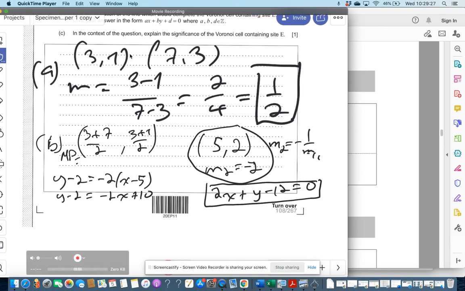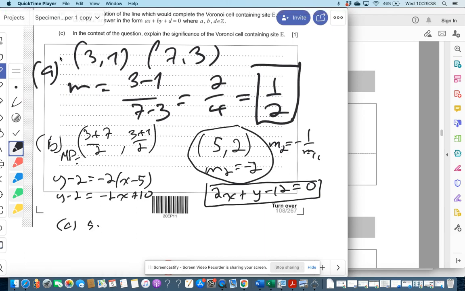Site E is closer to every point in cell E, or something like that would be using the correct terms. Site E is closest to all points in cell E, or in that cell. Okay.